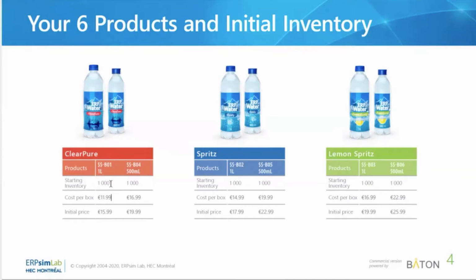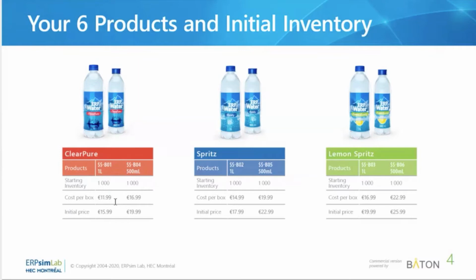That's given. You are assuming that you have an inventory of 1,000 water bottles. I think it's boxes of 1,000 bottles, and you are going to sell that to your consumers. The cost of the box is 12 euros, and it's similar to the American dollar value these days, but it used to be 1.5 times more expensive than a dollar.